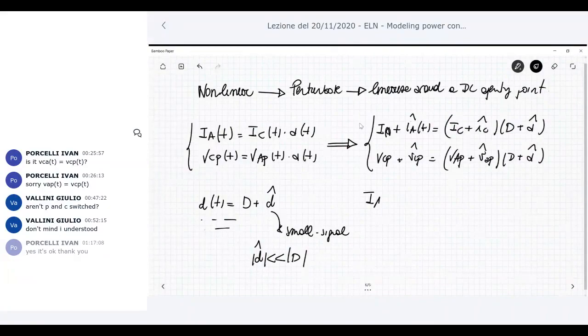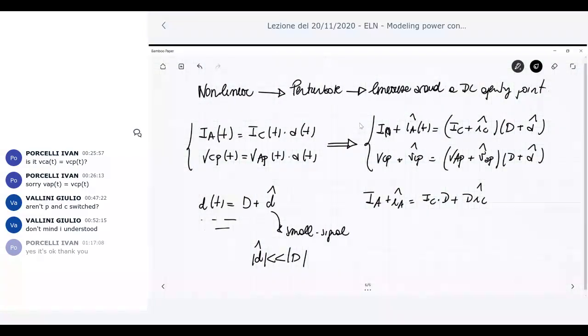IA plus IA hat is IC capital D plus D IC hat plus IC d hat plus IC hat d hat.